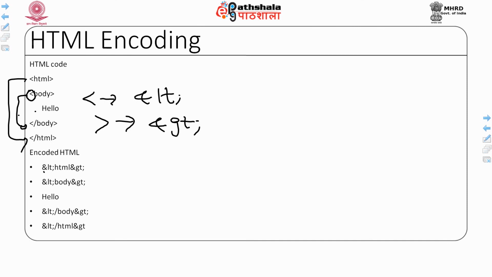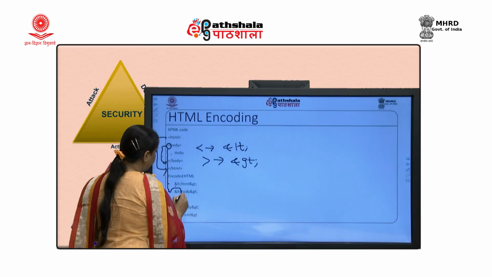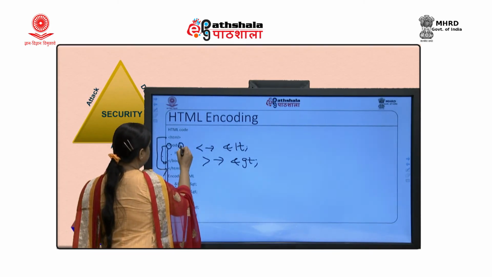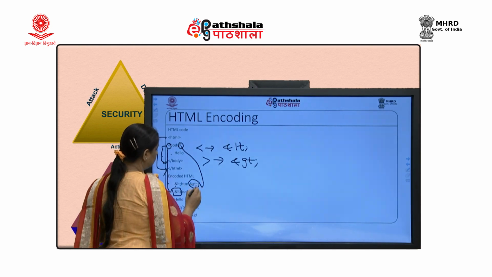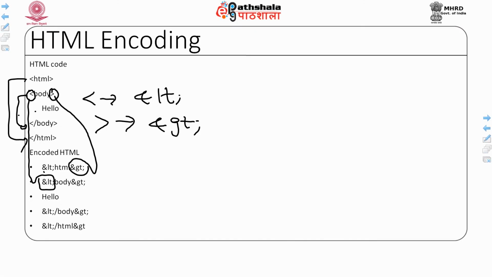So, now it is clear: for the less than sign we have this, and for the greater than sign we have this. This is called HTML encoding.